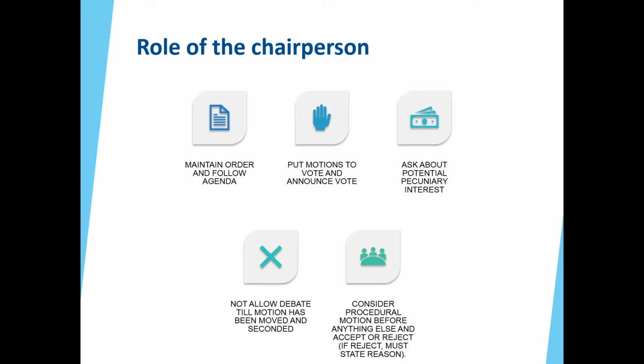One of the key functions of the Mayor under the Local Government Act is to chair council meetings, although any councillor may take the role of chairperson in relation to a council committee.